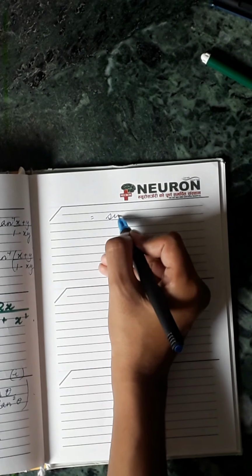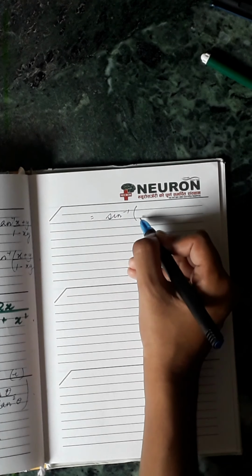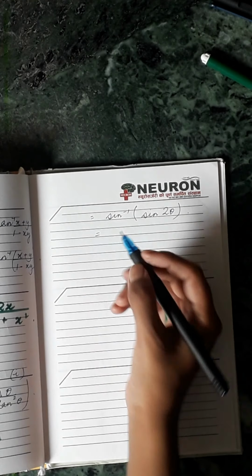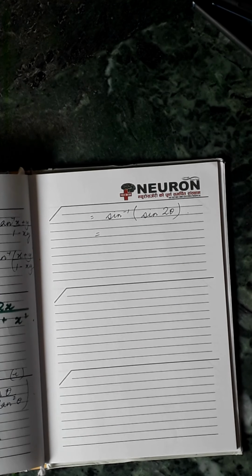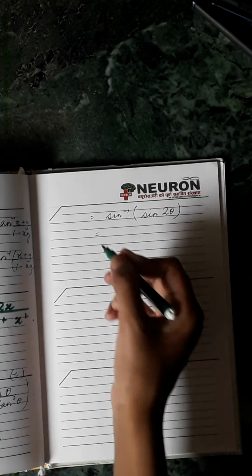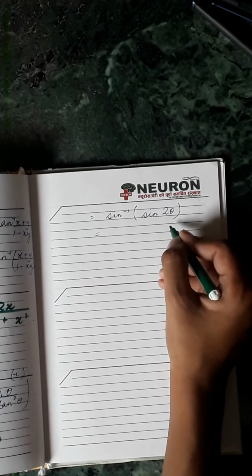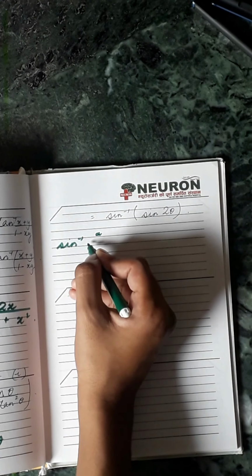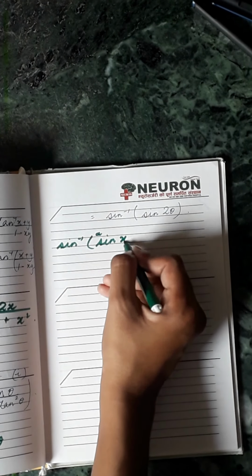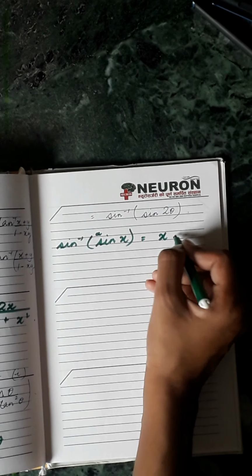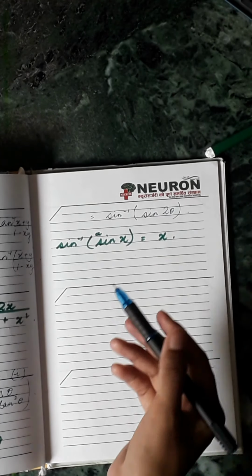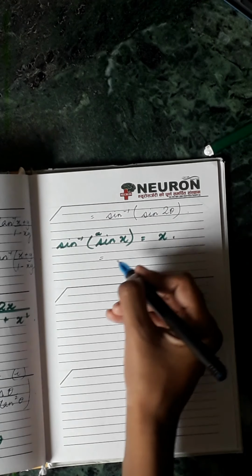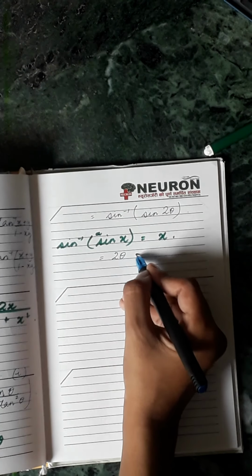So RHS is equal to sine inverse sine 2 theta. Now using the property that I have told you all in the previous lecture in part 1, what was that? Sine inverse sine x is equal to x. So here also you can write sine inverse sine 2 theta as 2 theta.